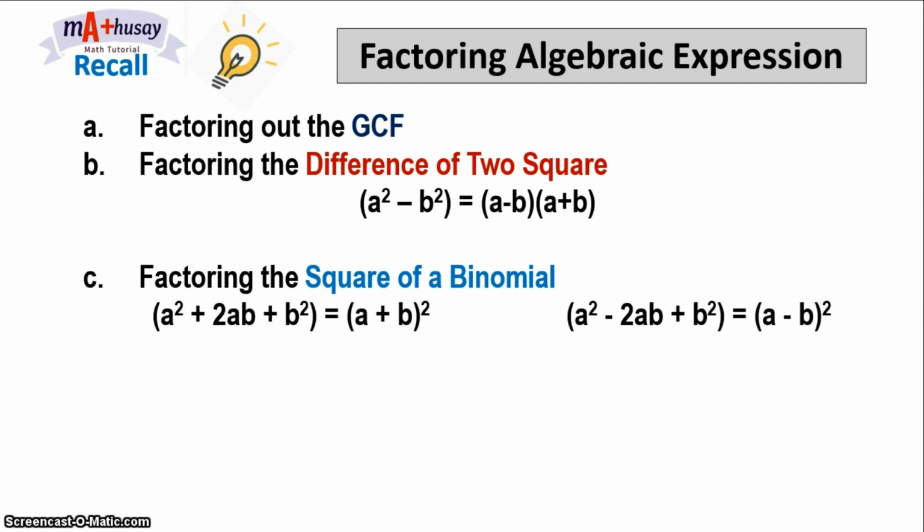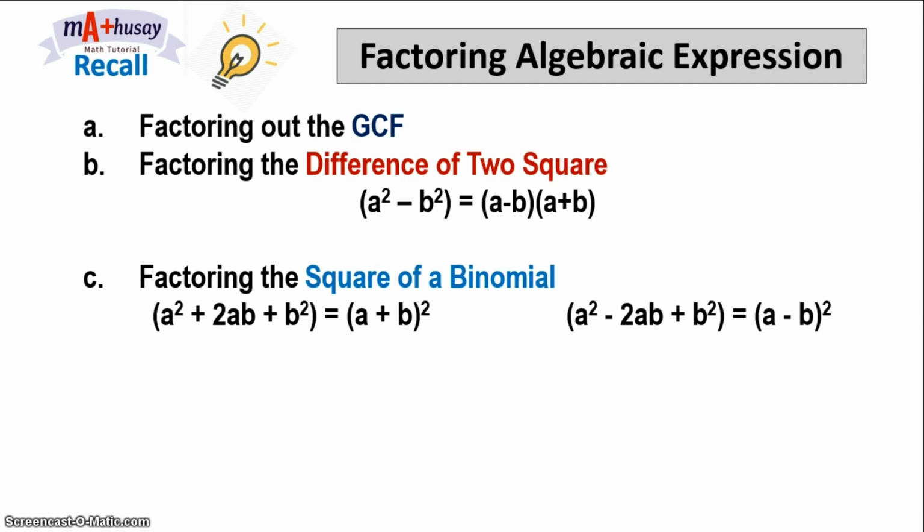So, it can be factored into the quantity of a plus b squared. The same rule applies to a squared minus 2ab plus b squared, which can be factored as the quantity of a minus b squared.